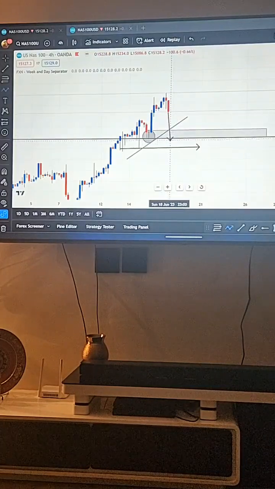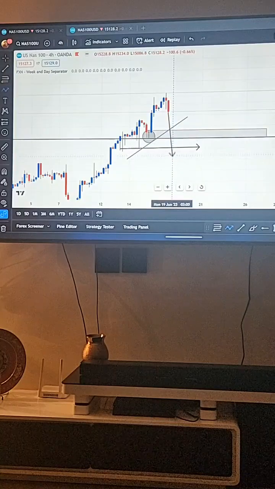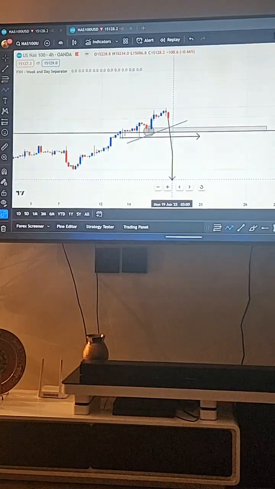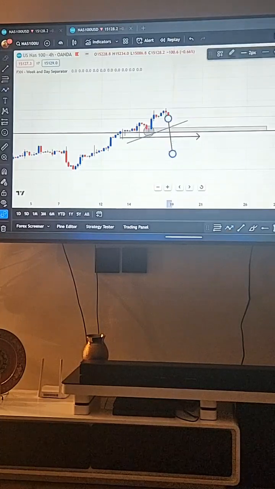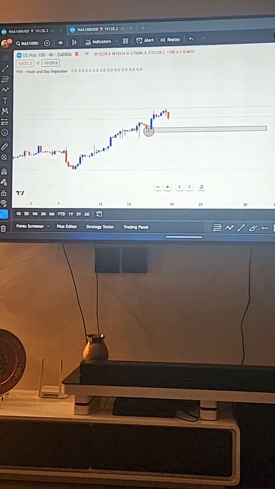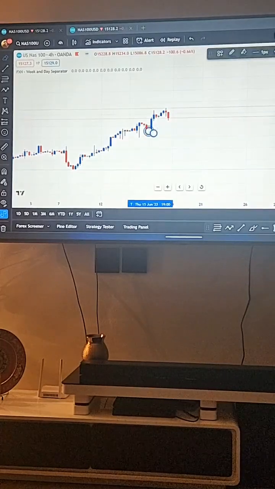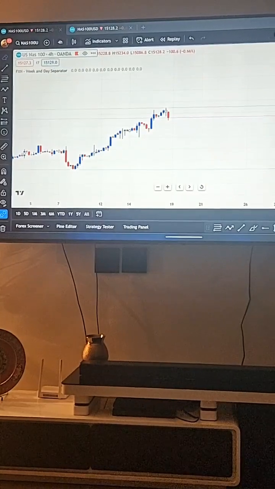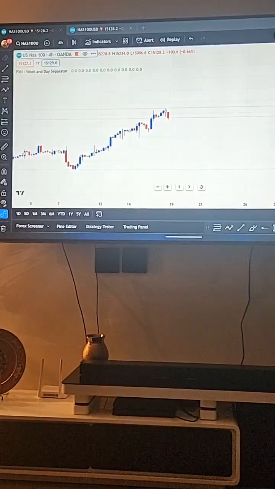Price then induces everybody who's sitting at this level and comes lower. Why? Because there is an insufficiency below that, and price will then fail the first insufficiency and go to its main insufficiency. And if you don't understand that, then you clearly need a mentorship.